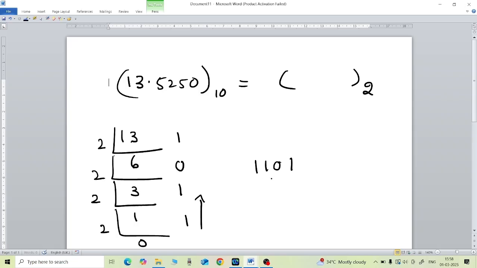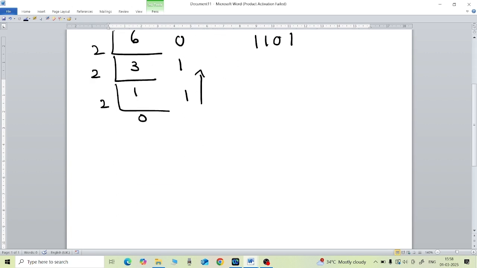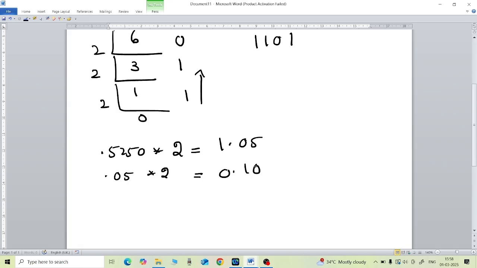Now we have to see the fractional portion as well. To do that, 0.5250 into 2 will give us 1.05. Then 0.05 into 2 will give us 0.10.